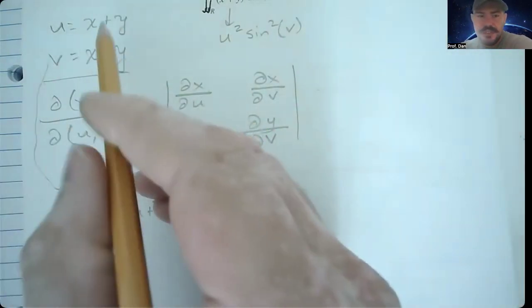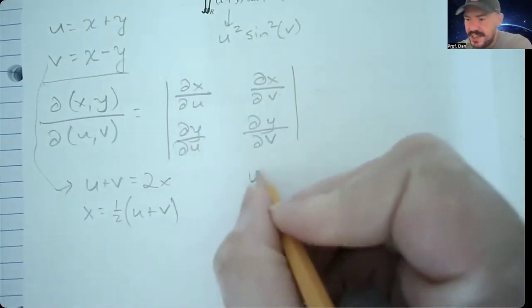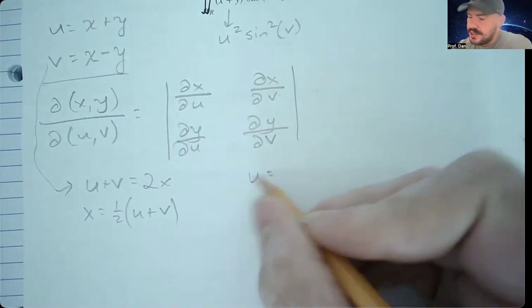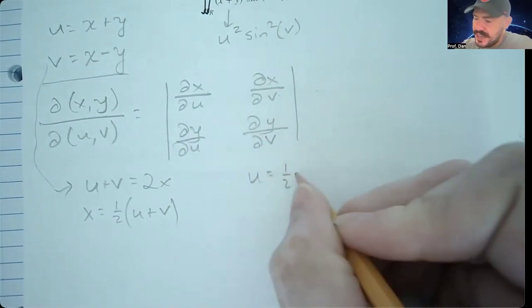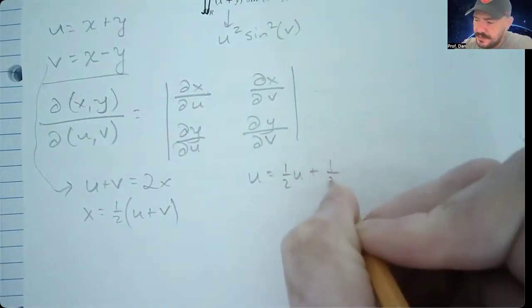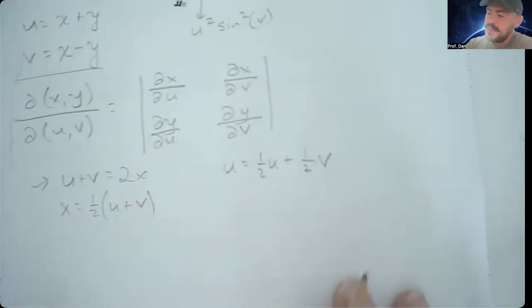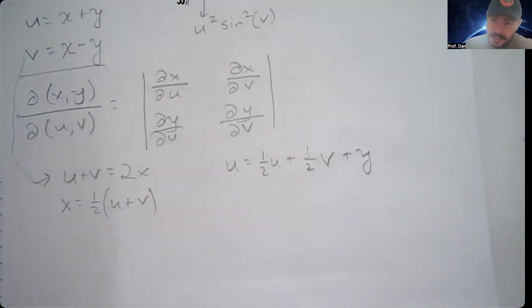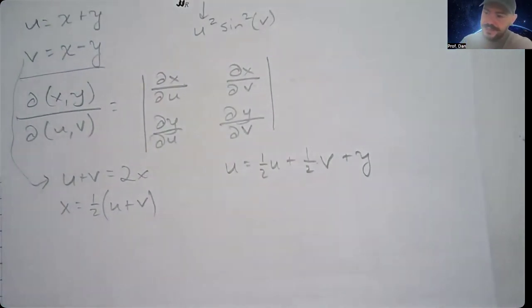I can use either of these equations to achieve that. I'm going to do the one where y is already positive. So we know that x can be replaced with 1/2 u plus 1/2 v, and now I have just u, v, and y in one equation.